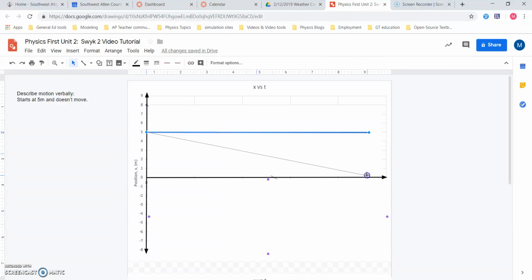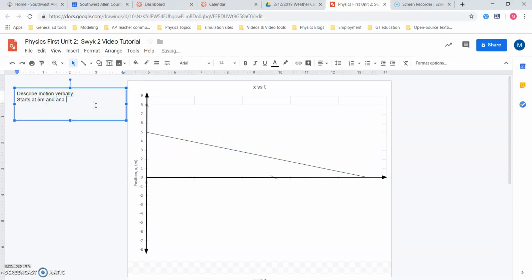If it was something like this, I would say for this one, it starts at 5 meters and moves in the negative direction at constant speed.